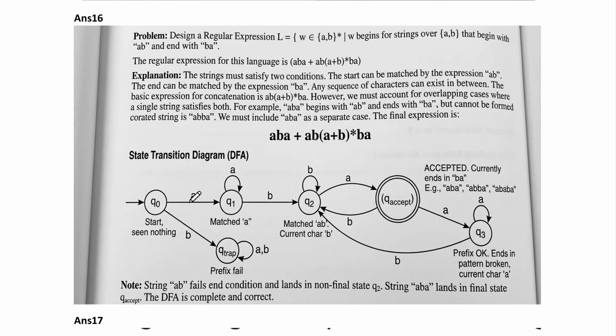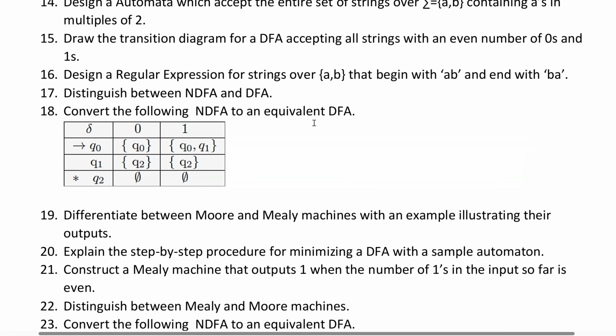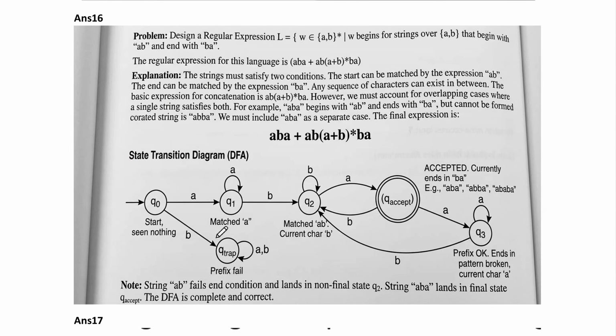Now we jump to question number 16. Design a regular expression for strings over A, B that begin with AB and end with BA. So strings should begin with AB and end with BA. Here Q accept is the final state because it is marked with a double circle, and Q0 is the starting state because it is marked with an arrow.